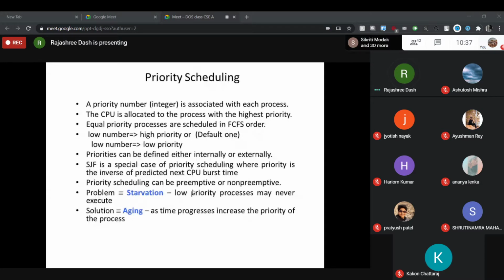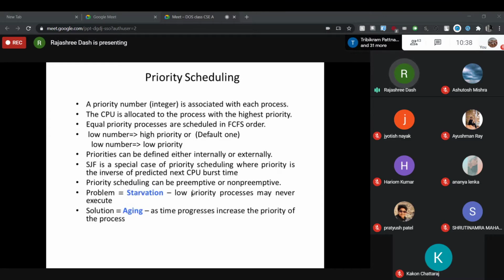Now suppose initially two processes enter into the ready queue, one having high priority, another having low priority. So obviously the high priority process will be allocated to the CPU first, and let's assume it is a preemptive one.